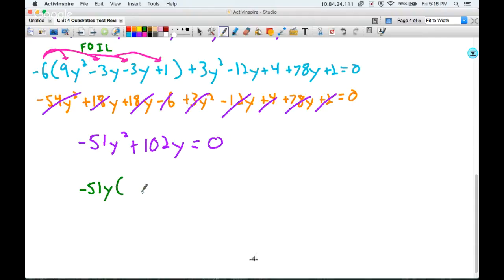So what does that leave behind? Y and 51. No, y and 2. Y minus 2. So I factored out negative 51y. Just make a note of what was factored out.